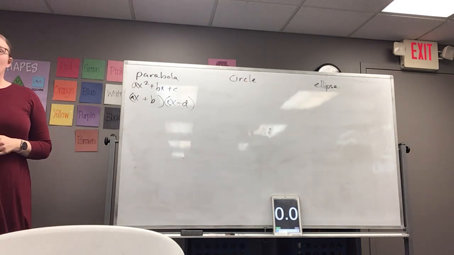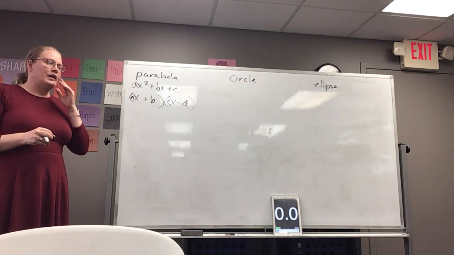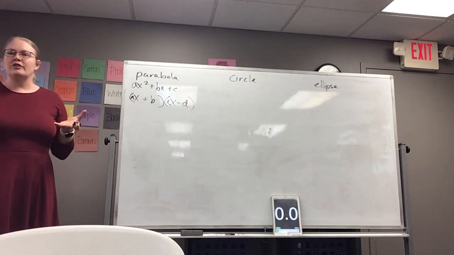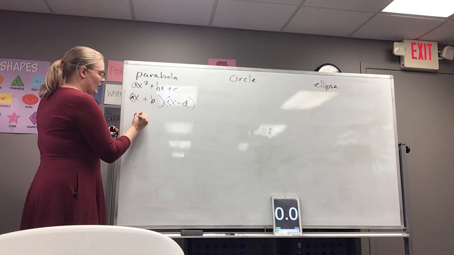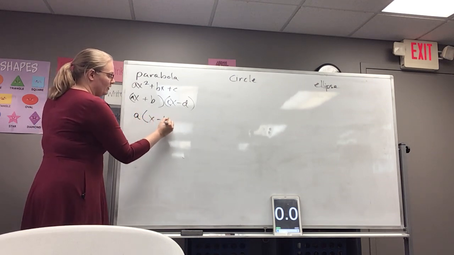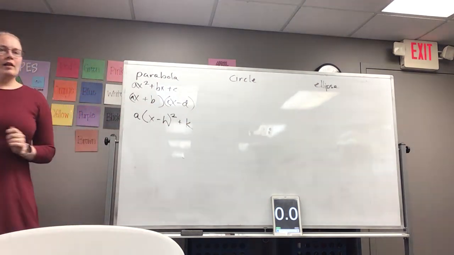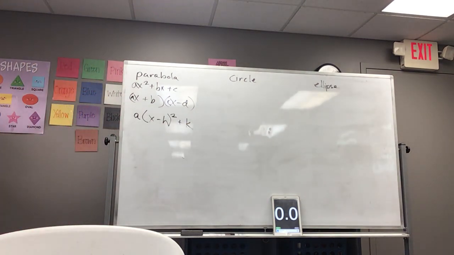And for the majority of conic sections, you'll frequently see it in what's called vertex form, which is a(x minus h) squared plus k. And so all of those are parabolas, all of those have their different uses.